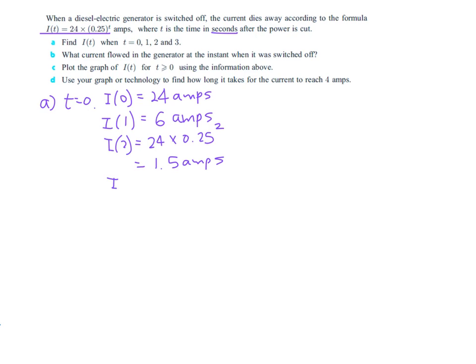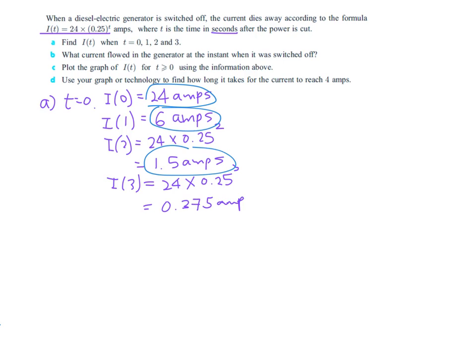And when t is equal to 3, that's 24 times 0.25 raised to the third power. So the answer is 0.375 amps. So if we look at these values, as time goes by, we clearly notice the value of current is decreasing. In just 3 seconds, it went from 24 to 0.375. So it's an exponential decay.